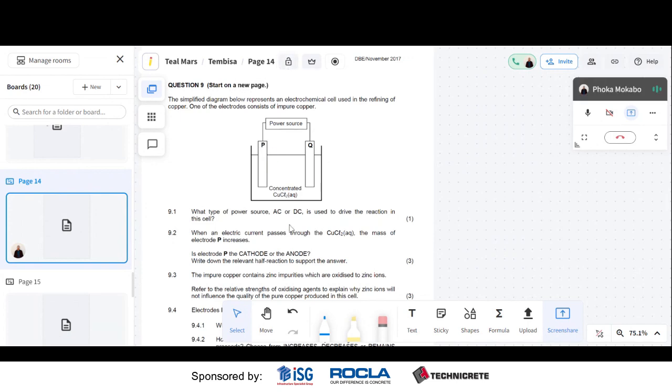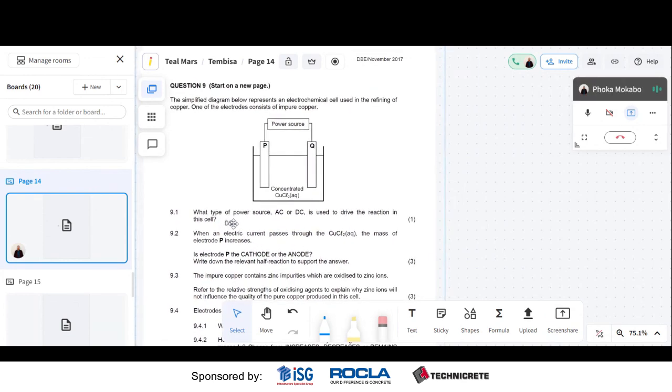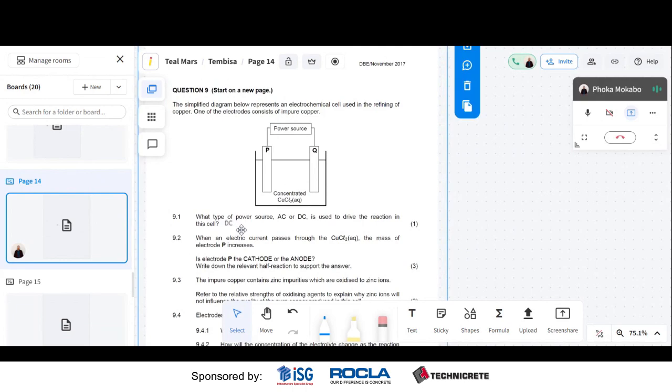In this case, we are using direct current to drive the reaction in the cell, and that is standard of EC cells. We're using direct current.